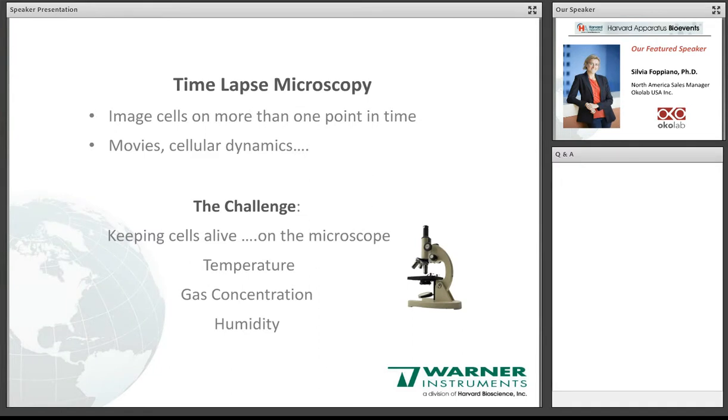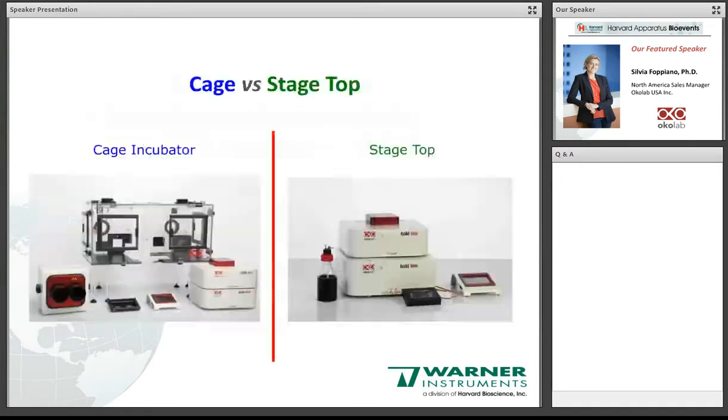So how do you keep your cells alive on the microscope? Well, on the market, you can find two broad categories of incubation systems for time-lapse microscopy. On the left-hand side, here is what Okolab calls a cage incubation system.